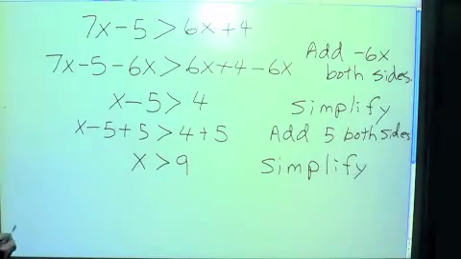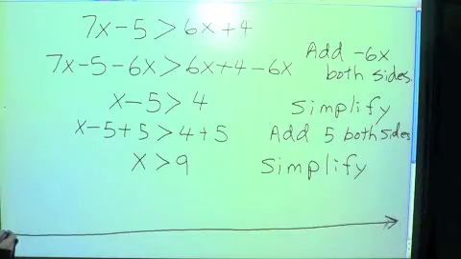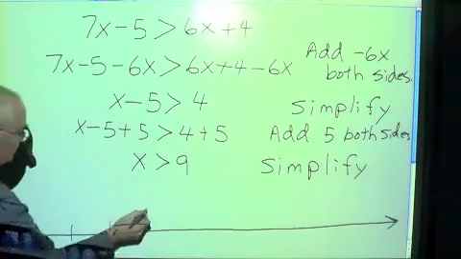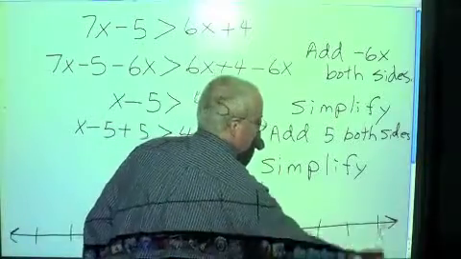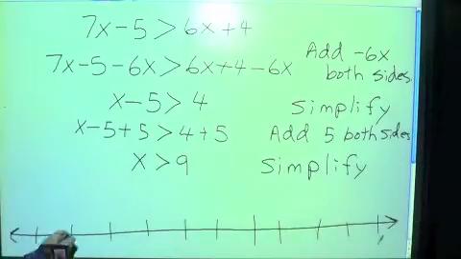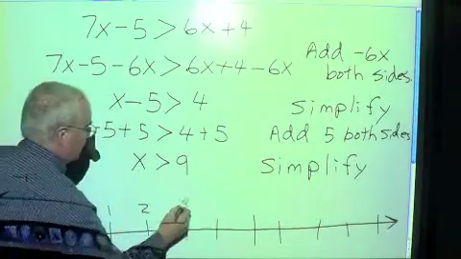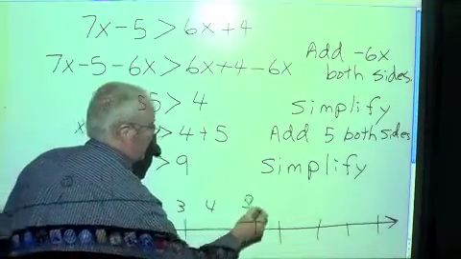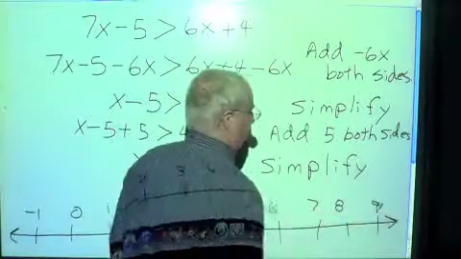Let's graph it. Let's draw our number line here. Positive 9. So, put some numbers on here, some marks. Let's put a 0 here. That makes this one negative 1. 1, 2, 3, 4, 5, 6, 7, 8, 9.